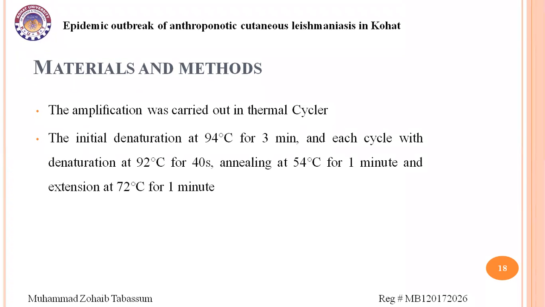The initial denaturation was at 94 degrees for 3 minutes, and each cycle with denaturation at 92 degrees for 40 seconds, annealing at 54 degrees centigrade for 1 minute, and extension at 72 degrees for 1 minute. The final extension was done at 72 degrees for 5 minutes.